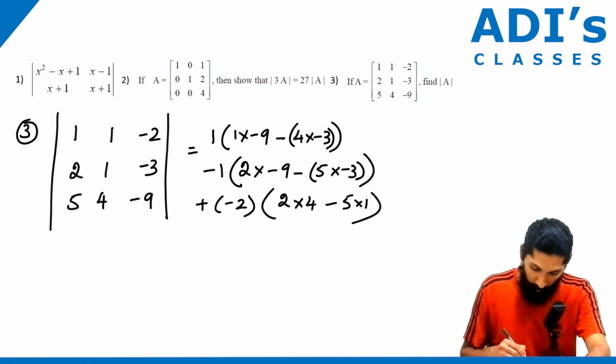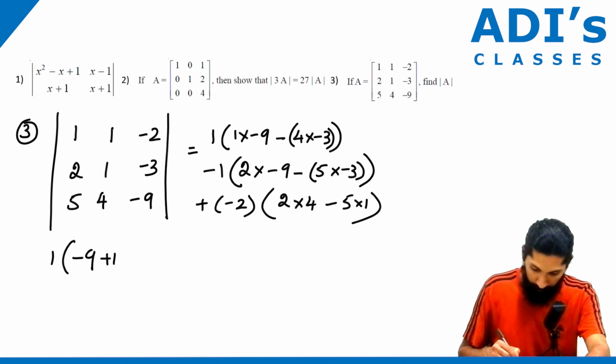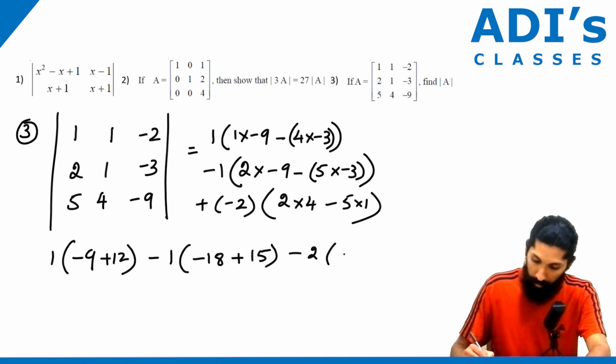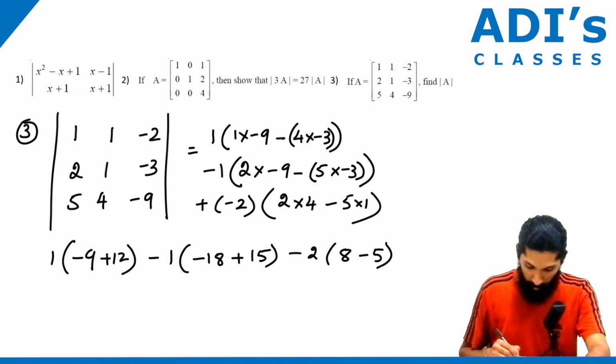So this becomes 1 into minus 9, see, minus of minus 12 becomes plus 12, minus 1 into minus 18 plus 15. Plus into minus is minus. So minus 2 into 8 minus 5. Got it? So this becomes 3.